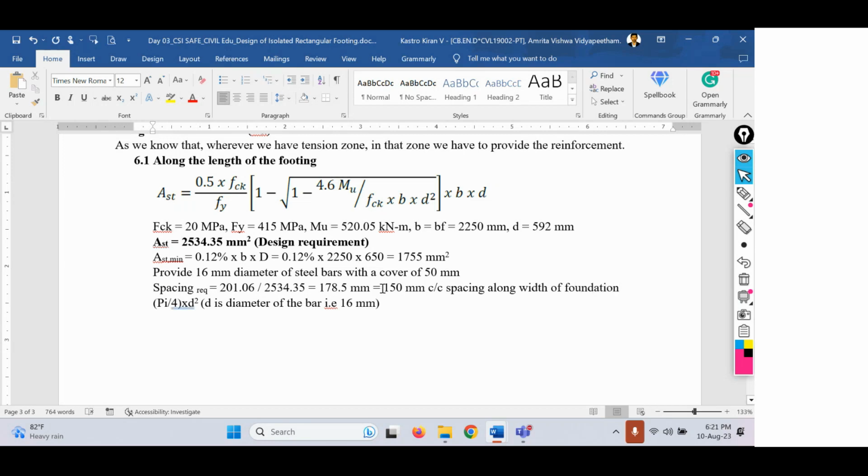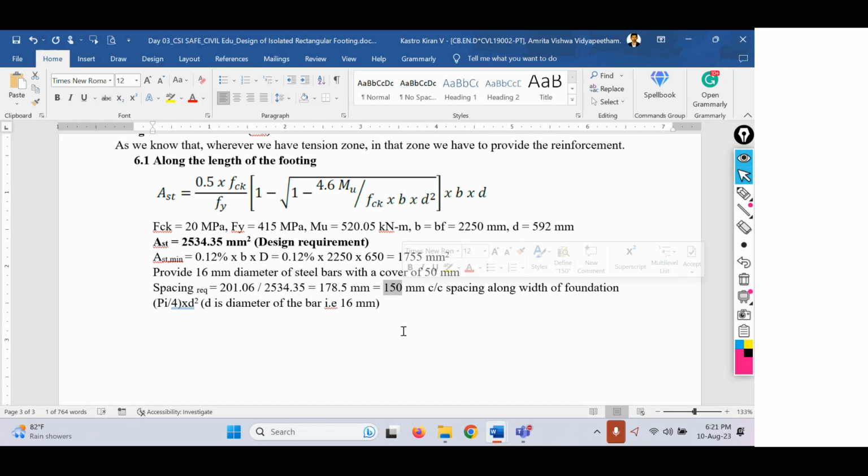So why am I reducing it to 150 mm? Why don't I round it off to 180 mm, or go for 170 mm or 160 mm? Why am I directly reducing it to 150 mm? There is no specific reason for that. The one common reason that we talk about in the textbooks is that the more the spacing, the fewer will be the number of bars.